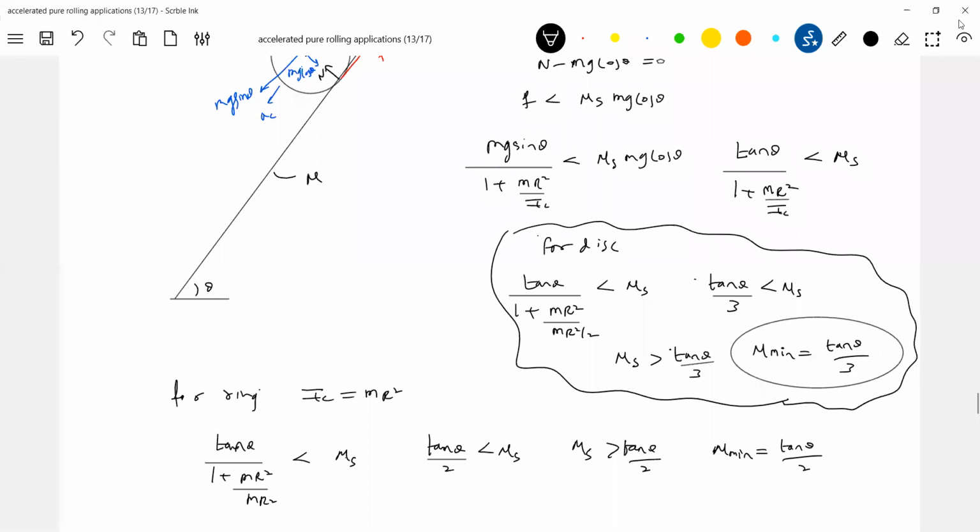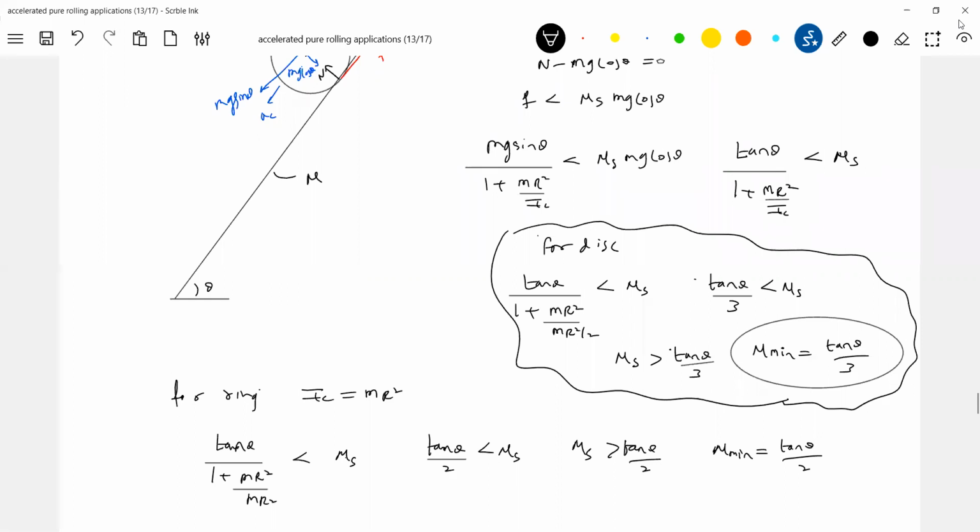I'm just comparing bodies. If I had ended up with only one generalized case, you might have thought, okay, fine. But for different rigid bodies released on a rough inclined plane, you should determine it separately. Both rigid bodies have the same mass and radius r, but because their moments of inertia are different, the value of mu needed will be different.